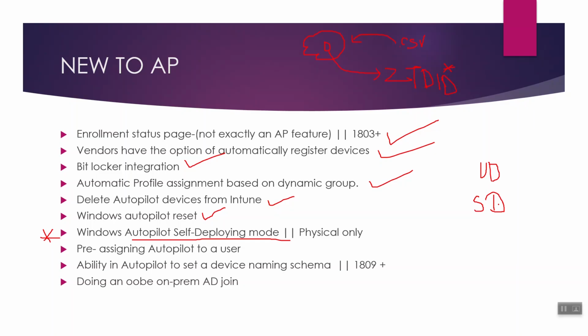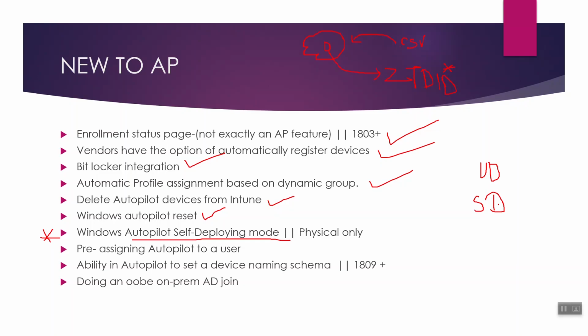Okay, so for setting this up, this is what the impact is. Because of this self-deploying mode, Autopilot is not only zero touch for the IT, but it is zero touch for the end user as well. Earlier, with the other modes, it was zero touch for the IT, because the IT is at no point of time touching the device.